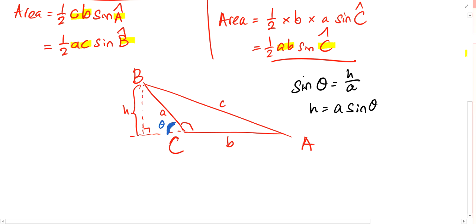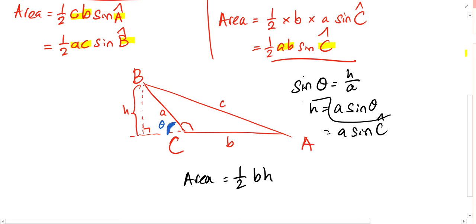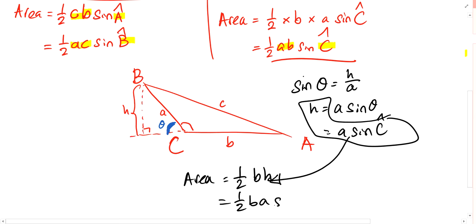Therefore, the sine of these two angles must be the same, which is A sine C. Okay, so the original formula is area equals half times base times height. Half BH, right? Then now I've got an expression for height already. Let's put it in. And I get half times B A sine C again, which is half AB sine C. Okay, so the same formula can be used.